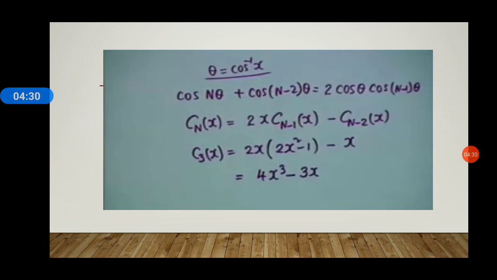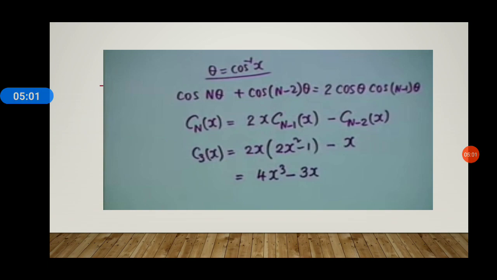So, in general we can write cos n theta plus cos (n minus 2) theta would be 2 cos theta cos (n minus 1) theta. So, Cn(x) is 2x Cn-1(x) minus Cn-2(x). From here we can find out C(x) of any value of n. From here we can write C3(x) as 2x C2(x) minus C1(x).